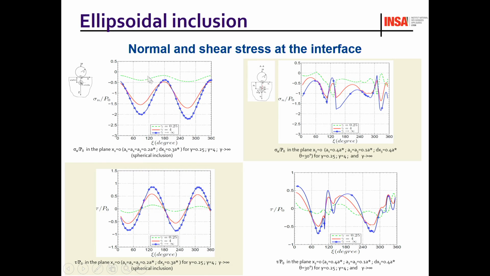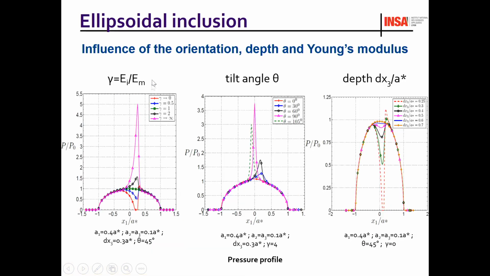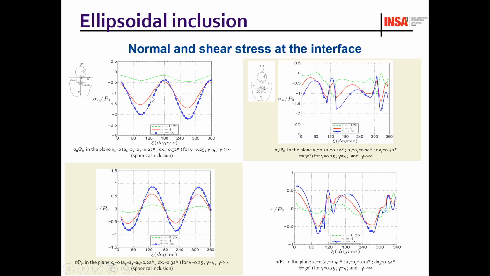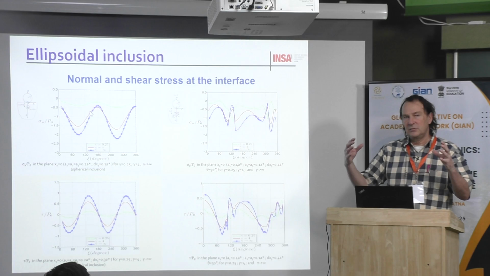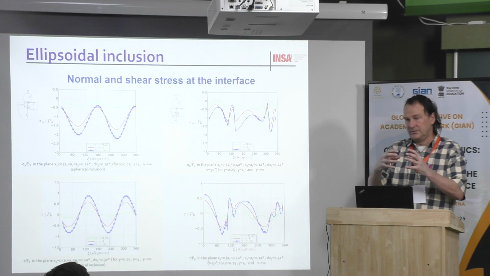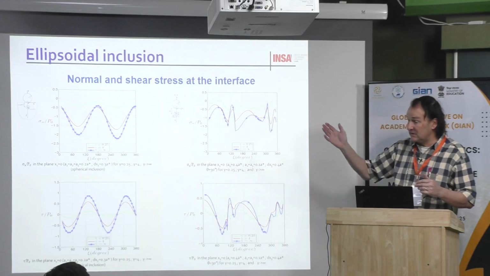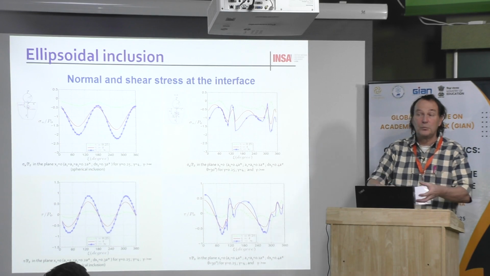It can be in green, which is a soft inclusion, or in red or blue, which is an infinitely rigid inclusion. You can see that everything is below 0. Then you always have compression everywhere. This is also why we say that for contact, we are mostly in compression everywhere.